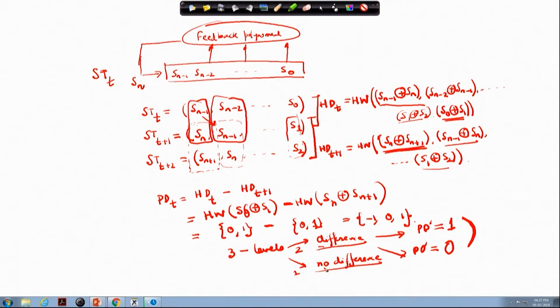So, that implies that in this case, since there are only 2 non-zero differences compared to 1 zero difference, we will now compare this with the Galois LFSR, okay, and we will see that the PDT value there can take more levels, and that essentially will be the base of my comparison between these two configurations.